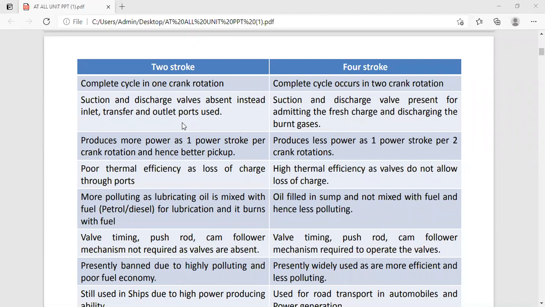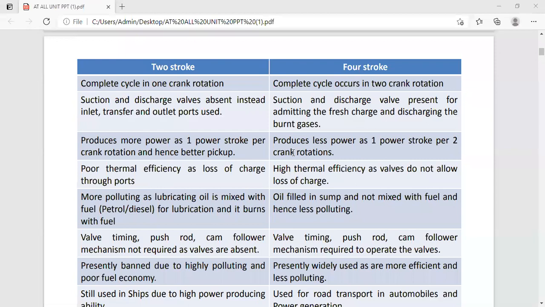So in the 2-stroke, ports are present, and in the 4-stroke, valves are present. Next, the third point is that the 2-stroke produces more power, as there is one power stroke per crank rotation. So it has better pickup for such a reason.